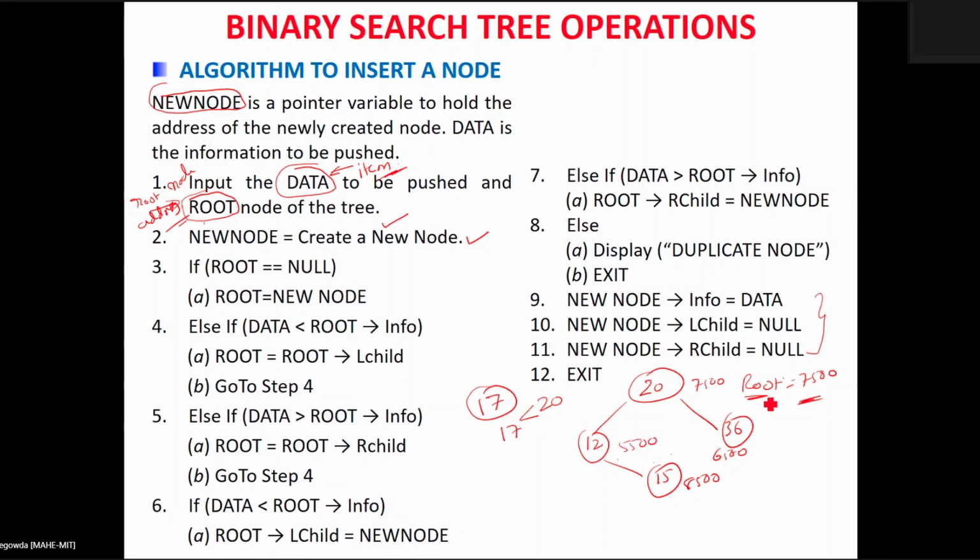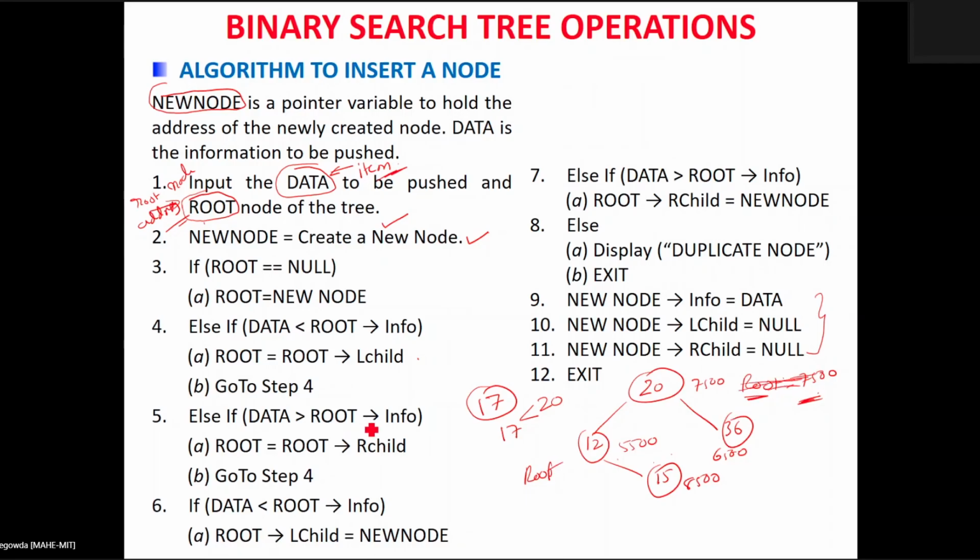I wanted to advance my root pointer to the left child of 20. That is done by making root equal to root points to left child. Root points to left child means the link field of this root node holds the left child address, which is 5500, the address of 12. So now your root is pointing to this.